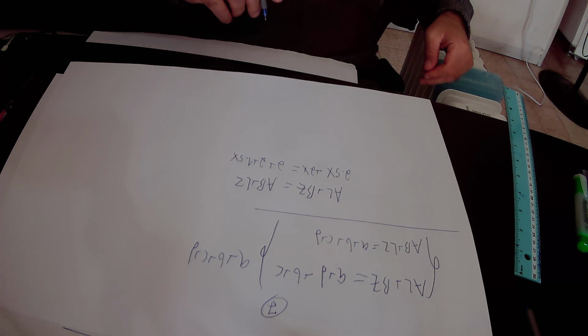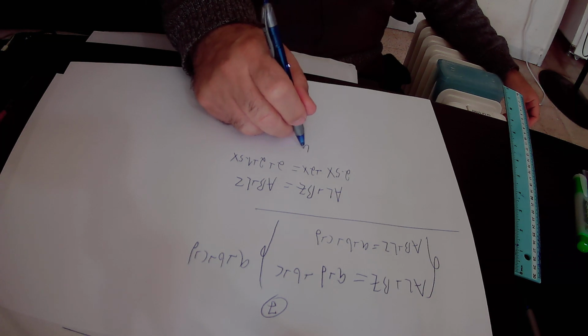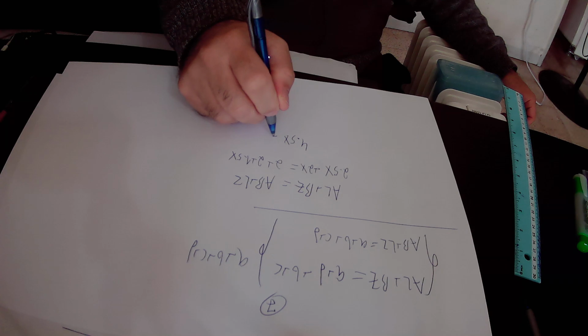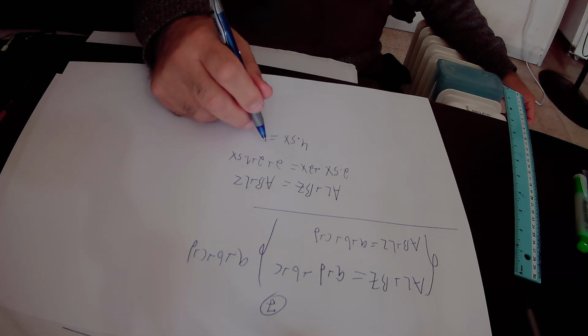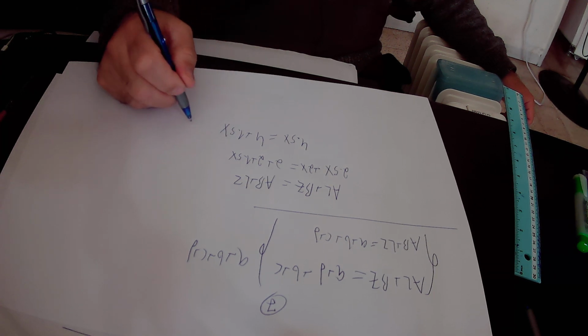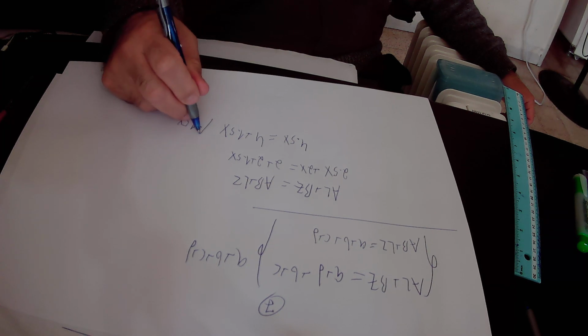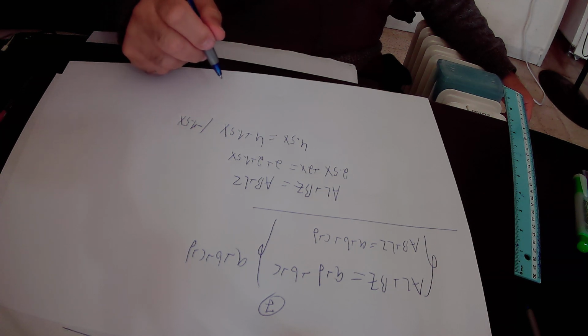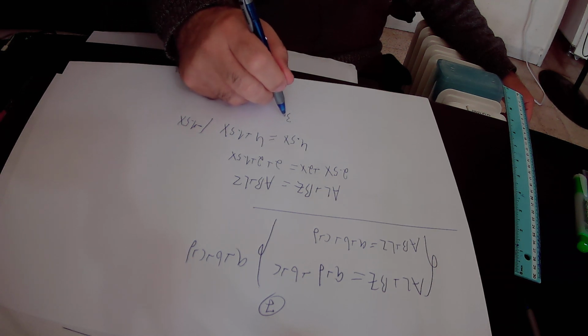2.5x plus 2x is 4.5x. And it is equal to 2 plus 2, which is 4, plus 1.5x. So here we'll subtract 1.5x from this equation, and we'll get that 4.5x minus 1.5x is 3x.